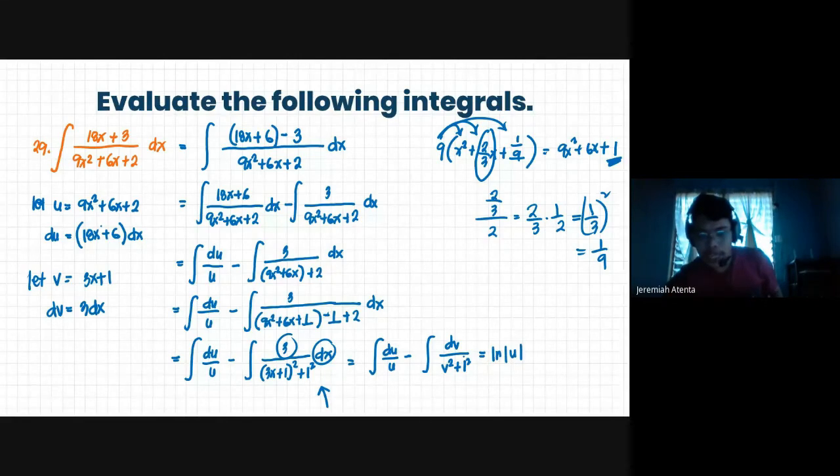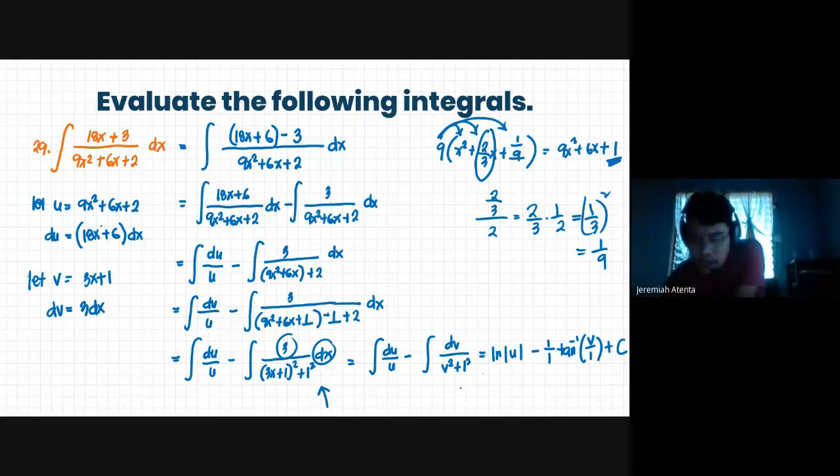Ln absolute value of u. And the integral of dv over v squared plus a squared is just 1 over a. So 1 over a is 1 over 1 lang, right? Tangent inverse of v over a, which is 1, plus C.